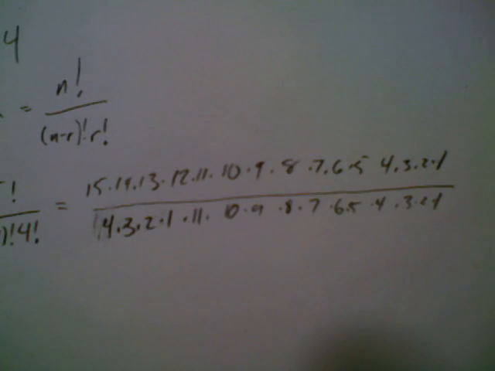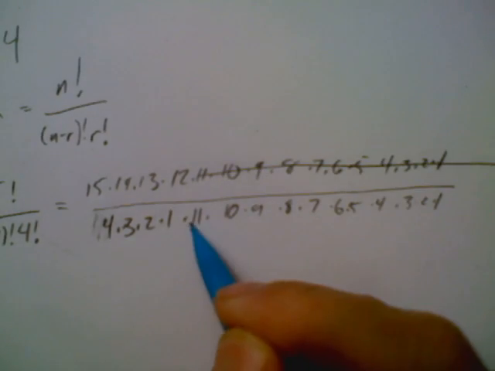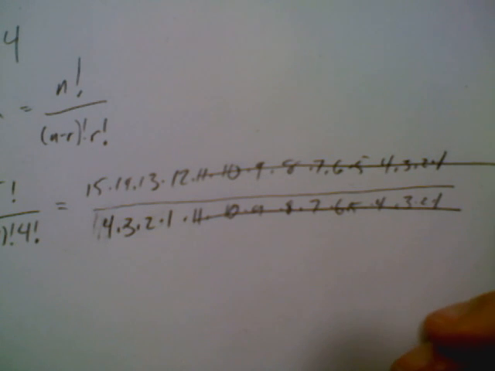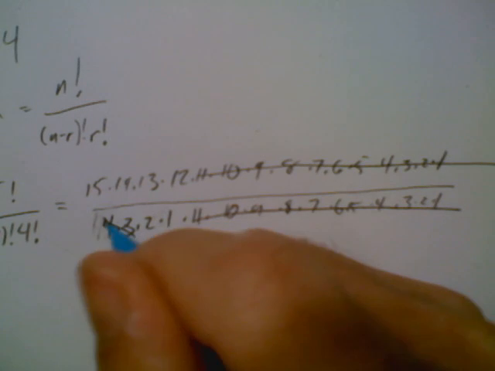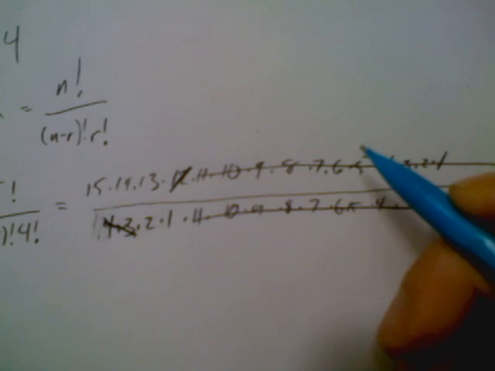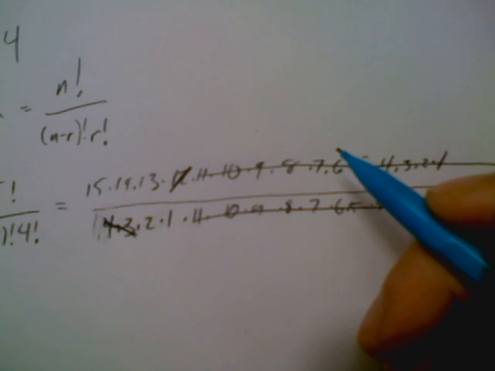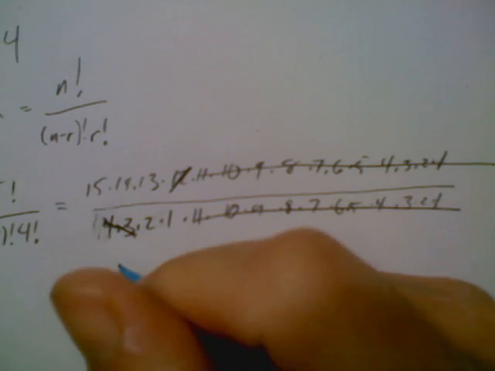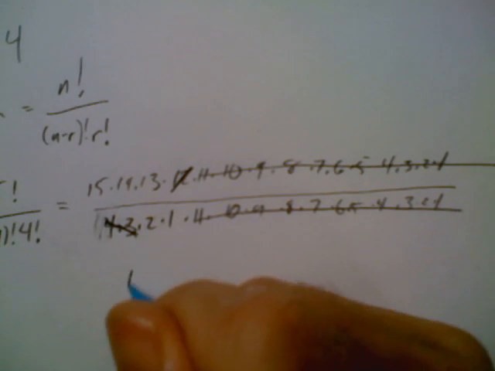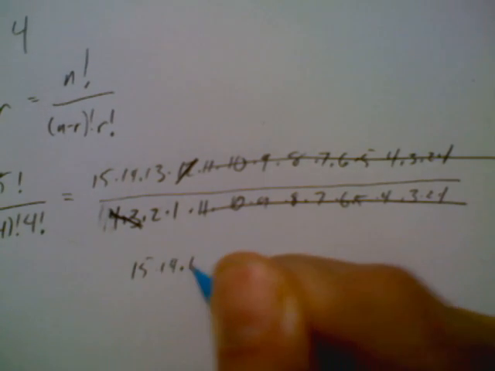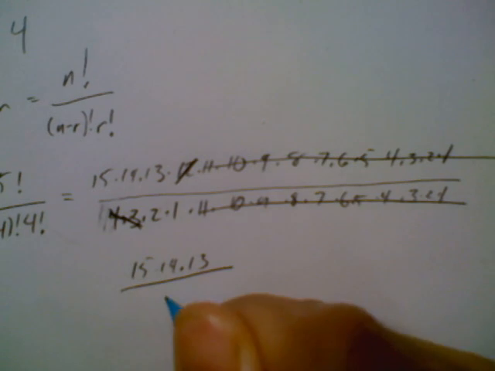Now we can see these all cancel out. Another thing we can cancel out, 4 times 3 and 12. So we're really just left with 15 times 14 times 13, everything over 2.